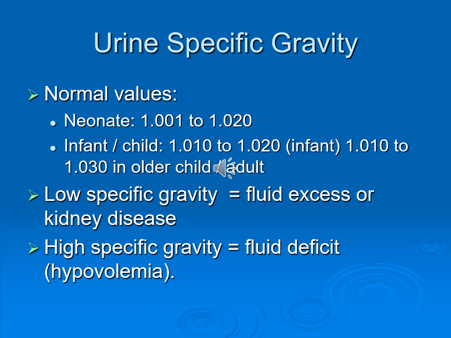So when you see that the specific gravity is low, that can indicate fluid excess or kidney disease. And when you see that specific gravity is high, that will indicate there is a fluid volume deficit or hypovolemia.